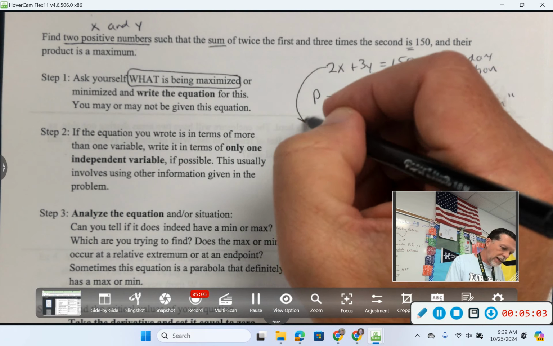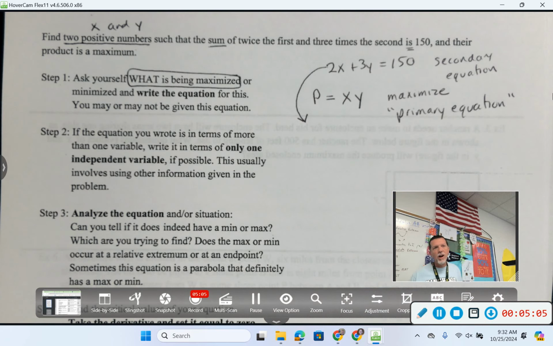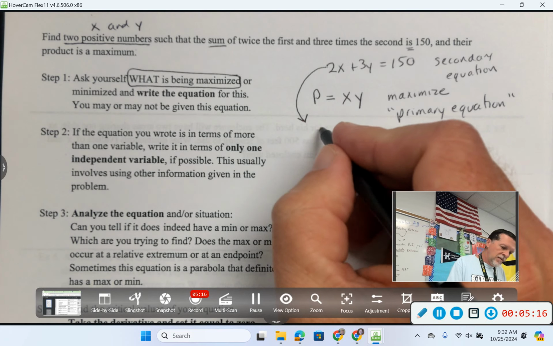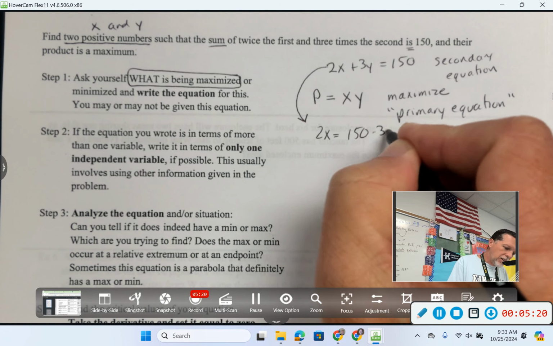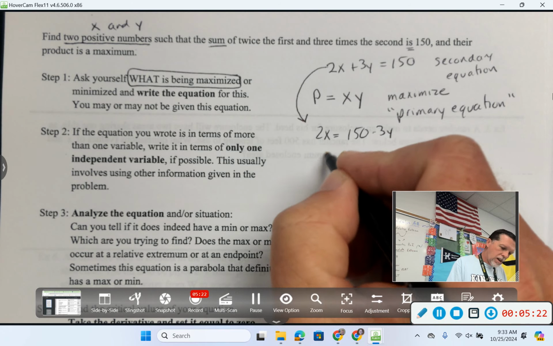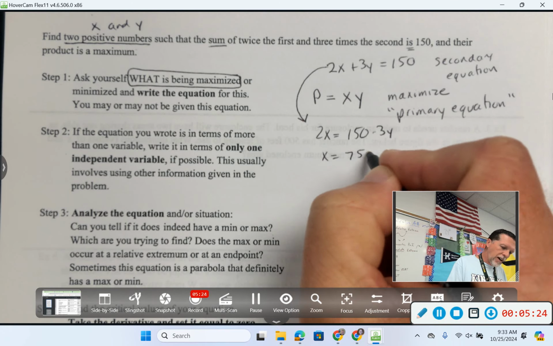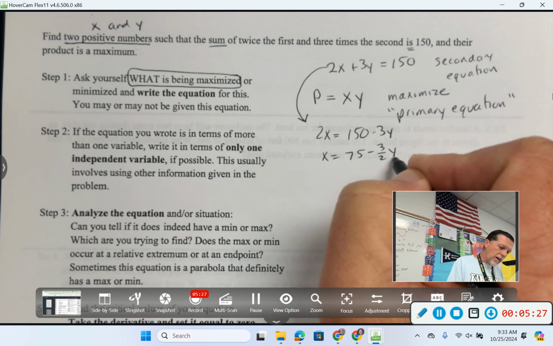So let's see. I want to get rid of x or y. It doesn't really matter which one I do. Do you have a preference? Do you want to solve for x or solve for y? X it is. So 2x equals 150 minus 3y. x equals 75 minus 3 halves y.